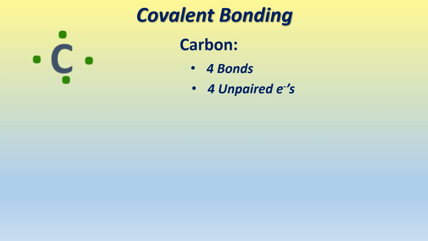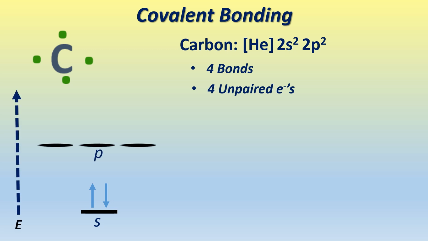Going back to the periodic table, carbon has an electron configuration of helium 2s2, 2p2. From this, it can be seen carbon only has 2 unpaired electrons. Therefore, how can it form 4 bonds?